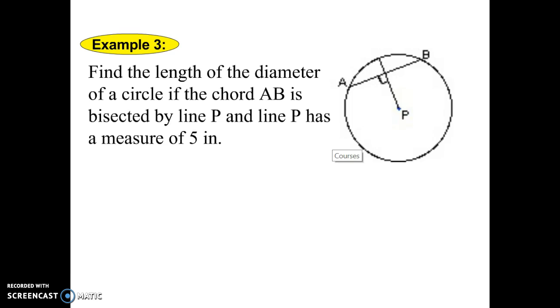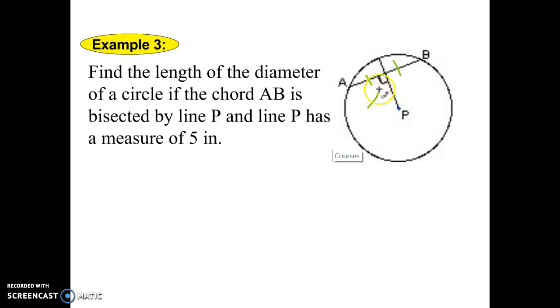All right, look at this problem here. I'll give you a minute to look at it and see if you can come up with the diameter of the circle. All right, so we had to find the length of the diameter of the circle. If chord AB is bisected by line P, and P has a measure of 5 inches, notice we said that P is perpendicular.